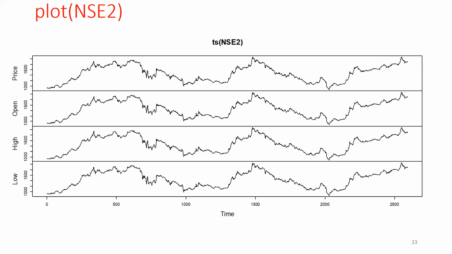At the beginning of a daily market you see there's a low, a high, and an open price. But the price you see here is the closing price, which is the final price for the day. You can see from this plot that the low, the high, and the open tend to follow the same behavior as the price.